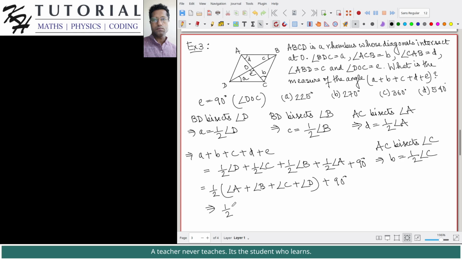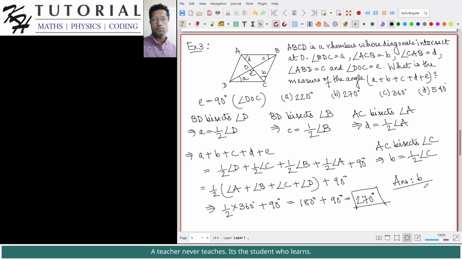So we have half of 360 degrees plus 90 degrees. Half of 360 degrees is 180 degrees, and 180 plus 90 is 270 degrees. So the correct choice is B.